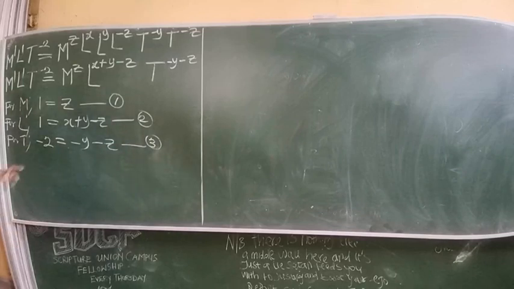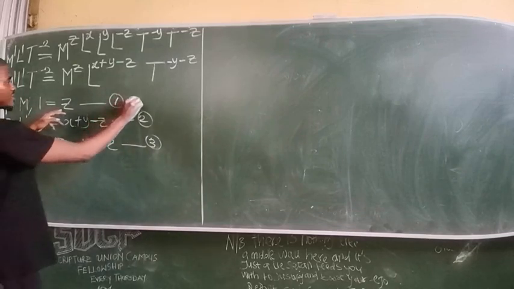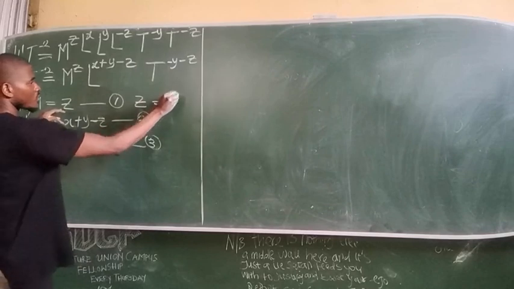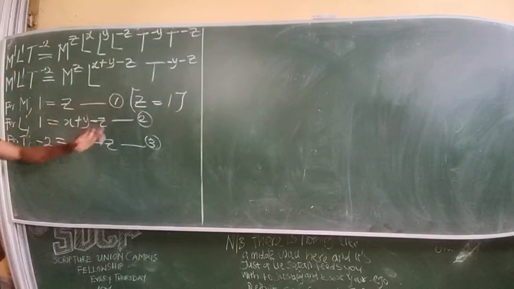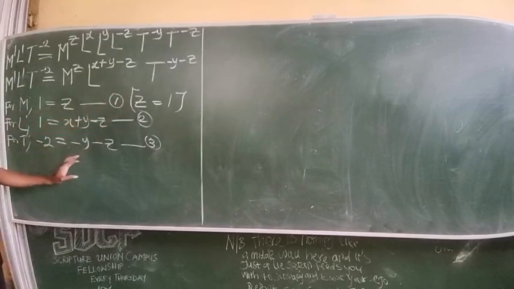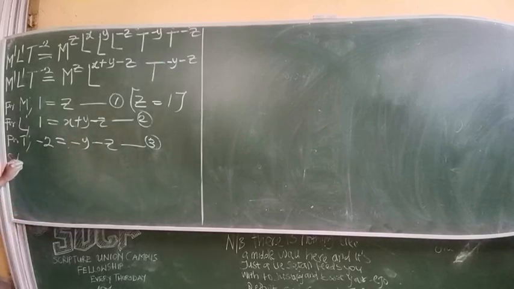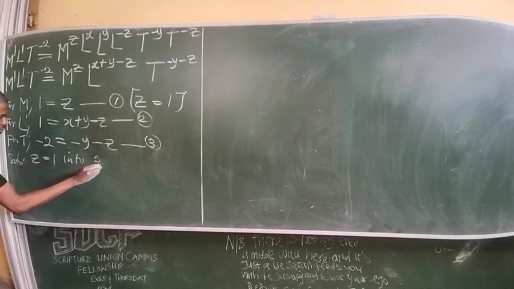So we've already obtained from equation 1 that z is equal to 1. So all we need to do now is simply substitute this value for z into equation 3 to find the value of y.